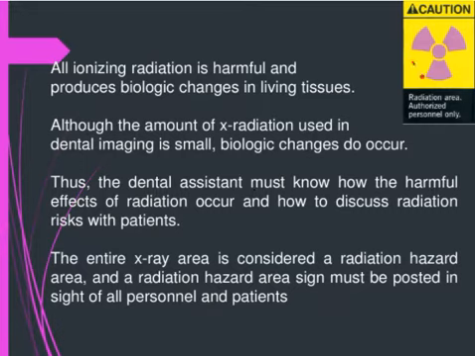Because if the sign is not posted, saying radiation area, authorized personnel only, then during an exposure a patient might open the door and get exposed to radiation, or another staff member working in the unit can be exposed. Usually a red light is advised to be present outside the room where there is radiation exposure, to alert the patient and the staff not to open the door when the red light is turned on.